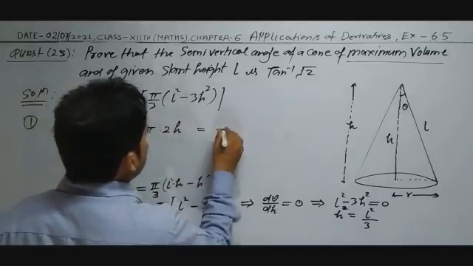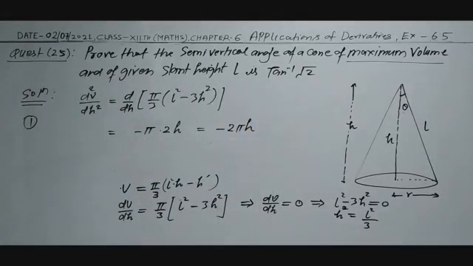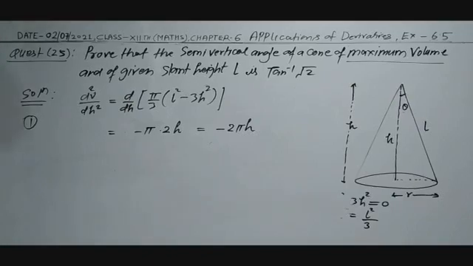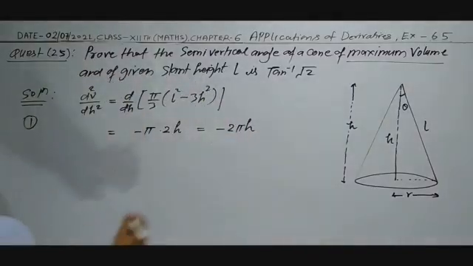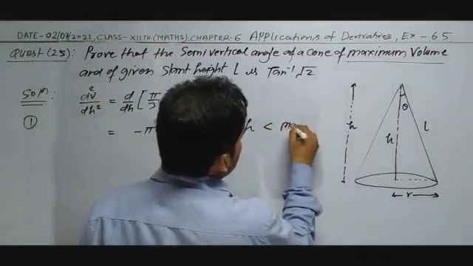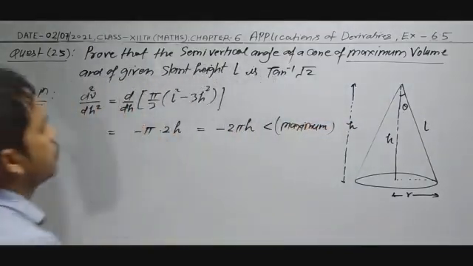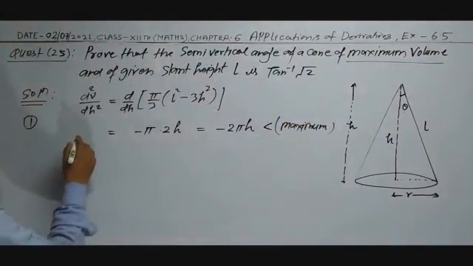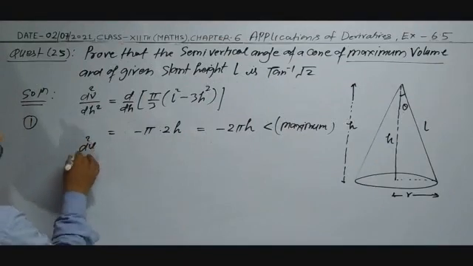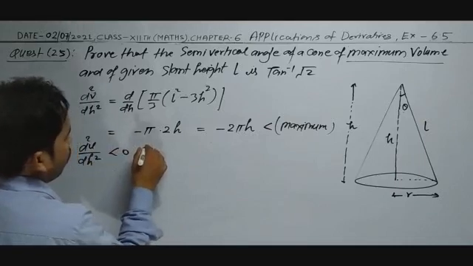So the result will be minus 2 pi h. Minus 2 pi h is the second derivative of the given volume. This is negative, so this says maximum volume. d2V by dh2 shows a negative value for maximum.